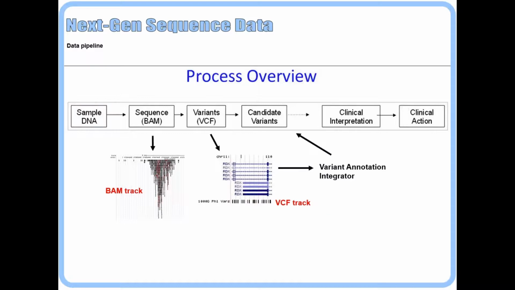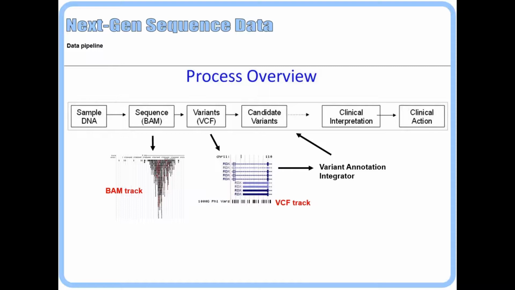Ultimately, you may be interested in learning what the variations mean at the biochemical level, and we have a tool called the Variant Annotation Integrator. There are others out there that predict what the biochemical consequences will be. Do you have a missense? Do you have a splice variant or a frame shift, and so forth?